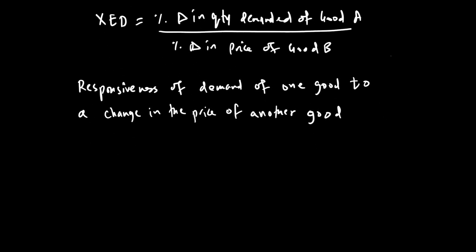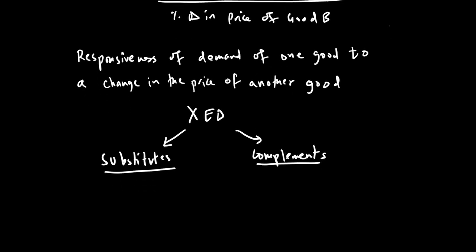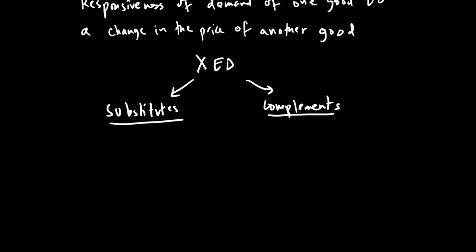And that's why XED is very useful for us in terms of looking at whether the goods are what we call substitutes or complements. When the goods are substitutes to each other, our XED will be positive, while in the case of complements, our XED will be negative.